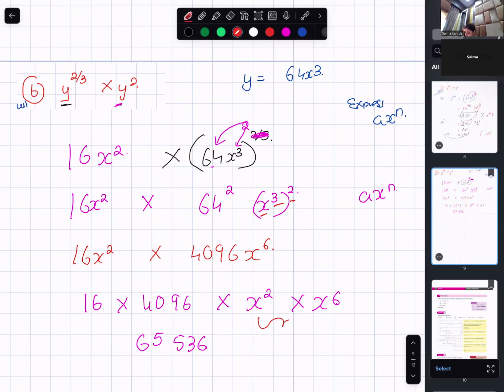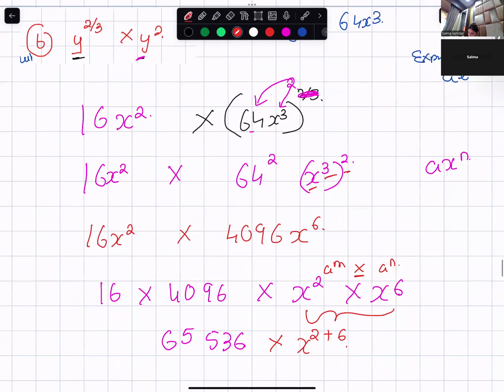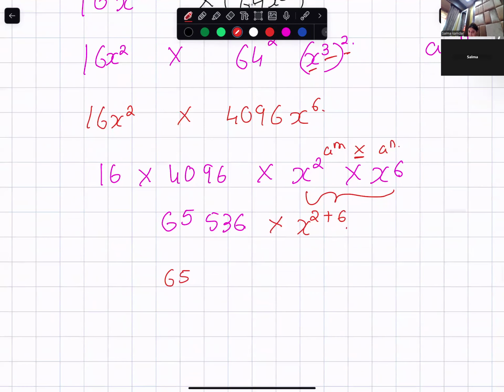And for this, a raised to m into a raised to n, multiplication add, so it would be x to the power 2 plus 6. So this becomes 65,536 multiplied by x to the power 8. I want it in the form of ax raised to n. So it will become 65,536 x to the power 8.